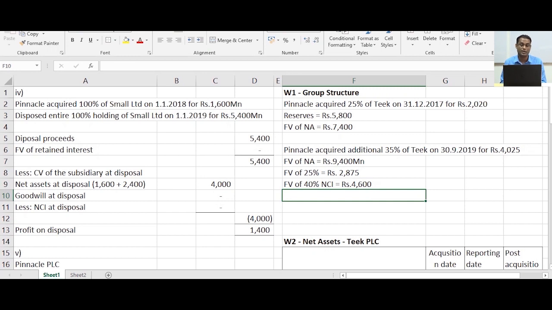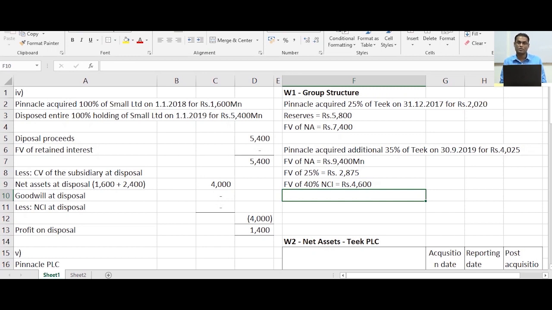You have to apply equity accounting from 1st January 2019 to 30th September 2019. Then after that date, the holding in Teak PLC has gone up to 60% by acquiring an additional 35%. From that date, it has to be accounted as a subsidiary.